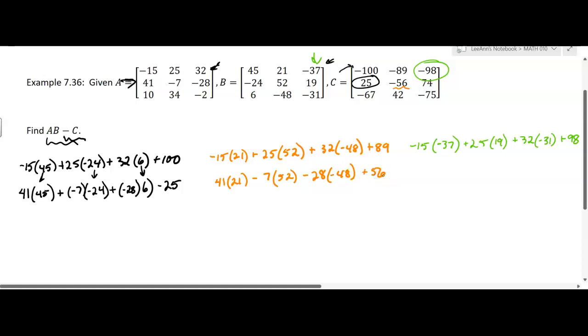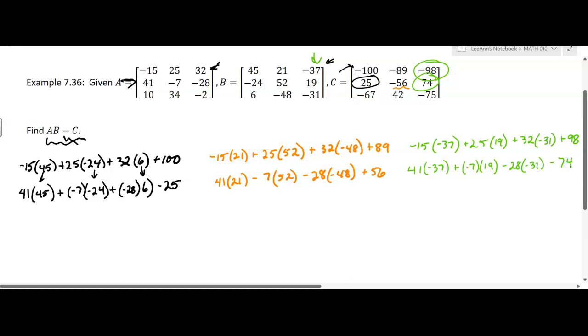I'm getting a little more room here. All right, and then the last one's going to be 41 times negative 37 plus, well, I already put the plus, negative 7, I wish I would have put minus 7, times 19, and then negative 28 times negative 31, and then we're going to be subtracting 74.